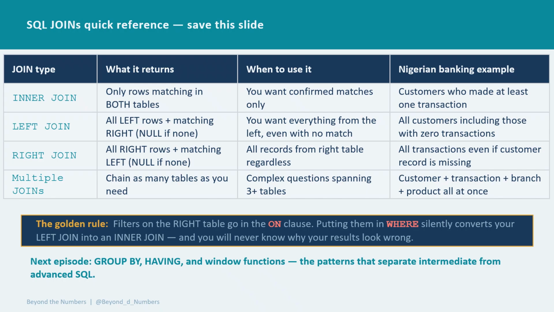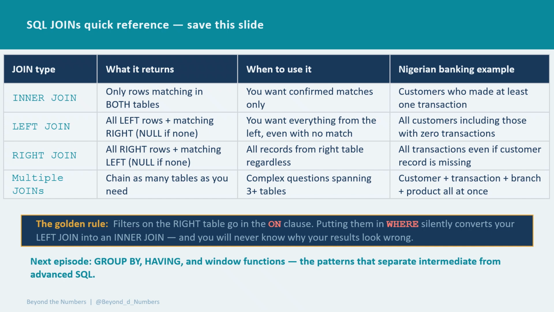And the golden rule, one more time: filters on the right table go in the ON clause. Putting them in WHERE silently converts your left join into an inner join. No error message, no warning. You just realize you're having wrong results. You can always come back to this anytime, until it becomes automatic for you.